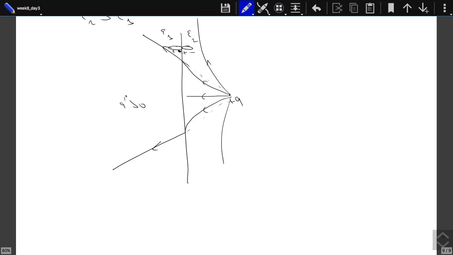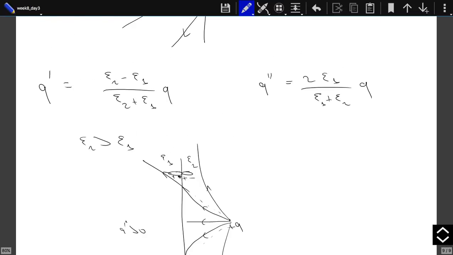Why is the positive charge stronger than the negative charge in magnitude? You see, it is determined by the dielectric constant, by the permittivities. So you see, the larger permittivity just means it's easier to create a dipole.